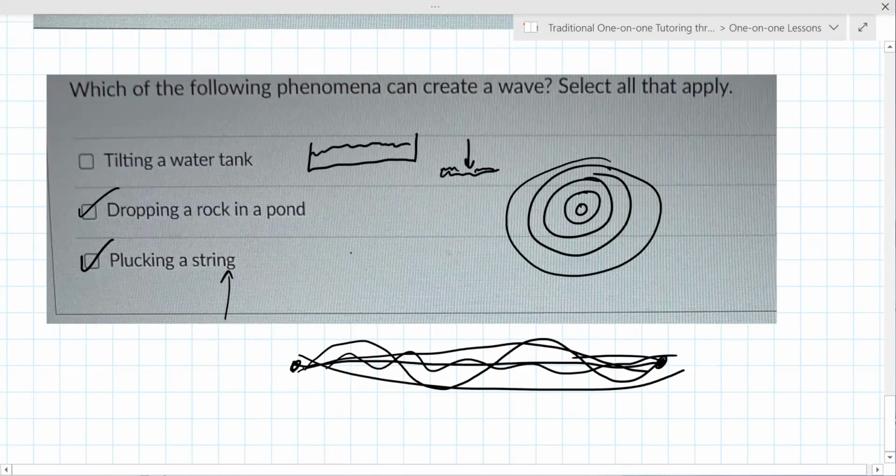Like if you tilt it, maybe there's too much water in there, and you can imagine having all the water up along one side, and then it rushes out. Yeah, I don't know. I guess I would check it. If you get a second attempt, maybe don't check that one if you can see the answers. But I think that's the intent there.